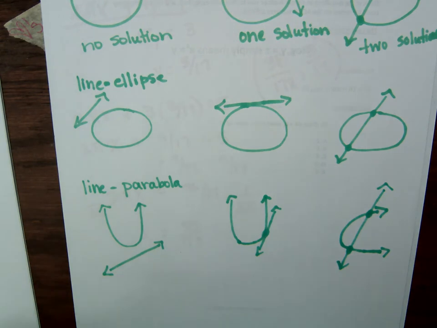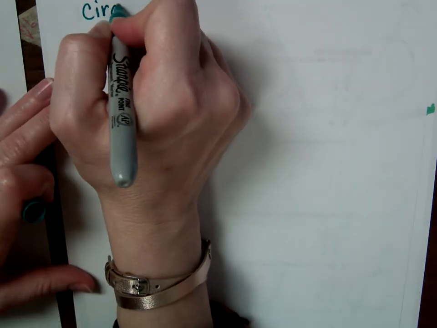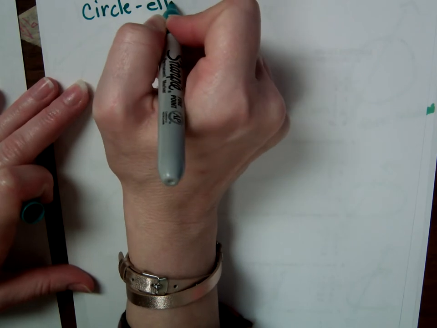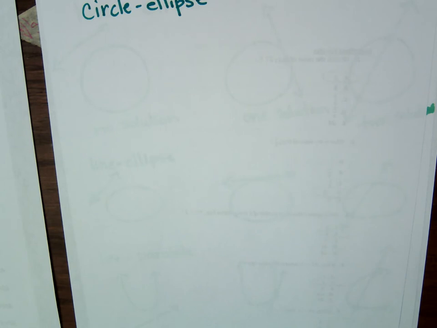Let's talk about a circle and an ellipse for just a second. How many possible solutions could you have with that? Can you have a no solution with a circle and an ellipse?